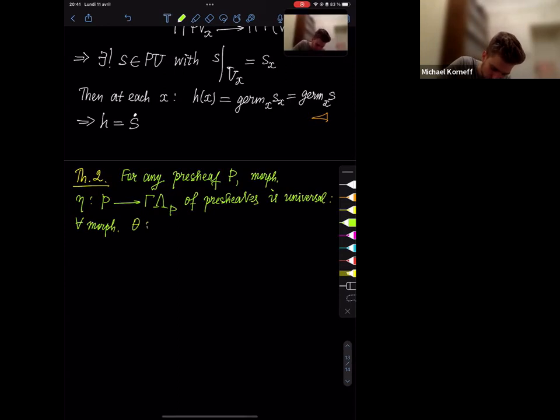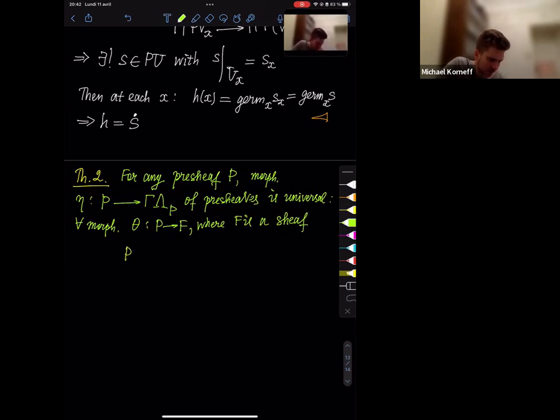Theta from P to F, where F is a sheaf, we have the following diagram.